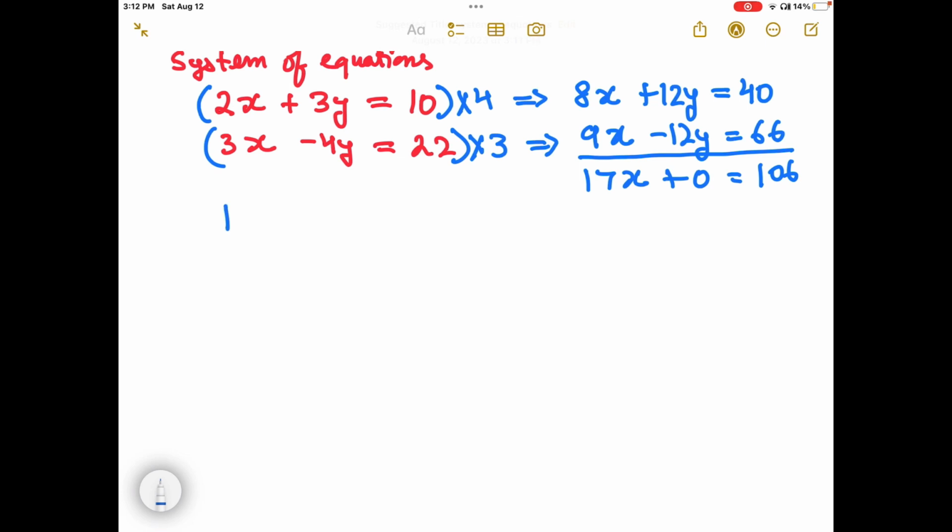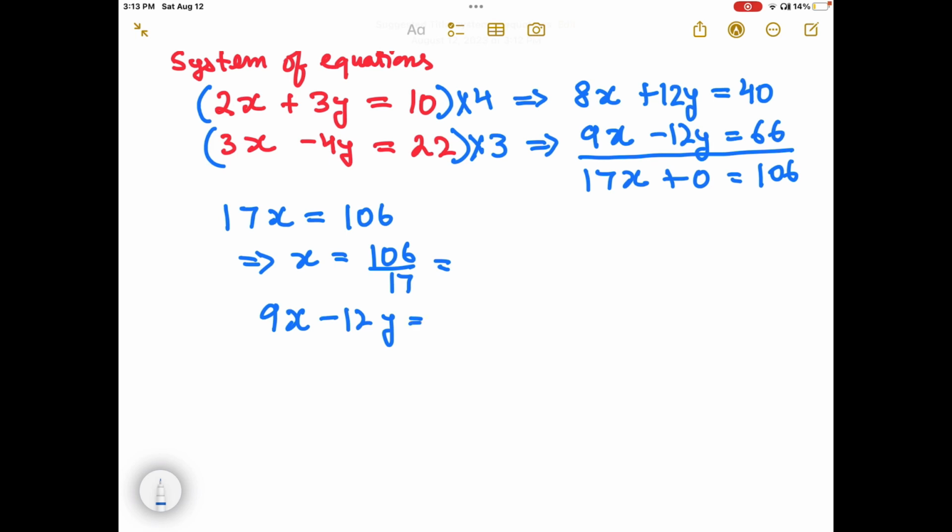So now we have 17x is equal to 106, and therefore x is equal to 106 divided by 17. Now, if we want to find the value of y, we can put this number in one of the equations. For example, 9x minus 12y is equal to 66.